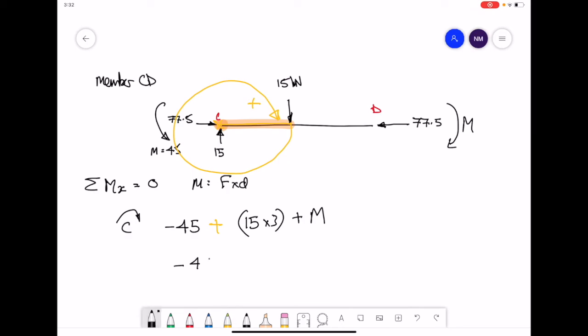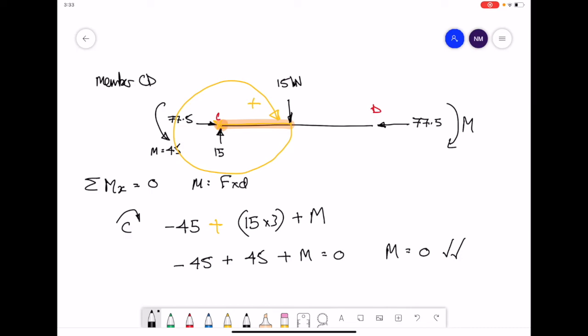Work this out, minus 45 plus 45 plus M equals 0, which gives you the moment at the end to be 0. With the roller support we had at point D, it can only take force in a vertical direction, can't take any moments, so that checks out to be true.